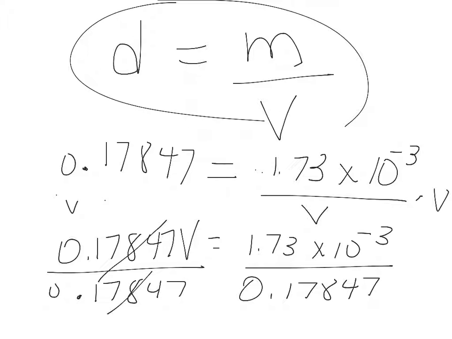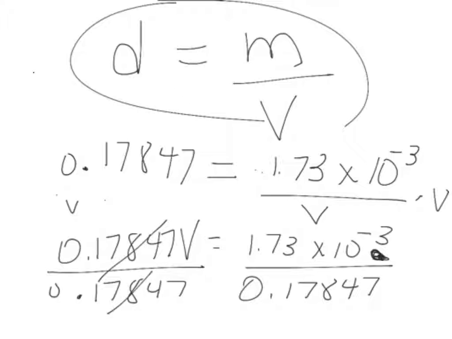So then that will be 1.73 times 10 to the negative third divided by 0.17847, and that should leave us with our volume.